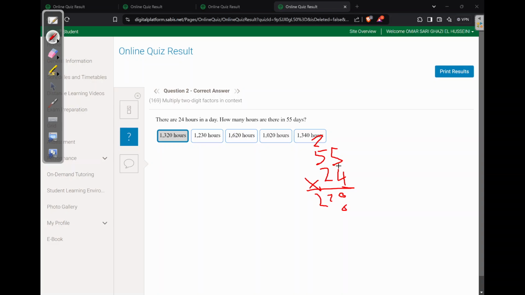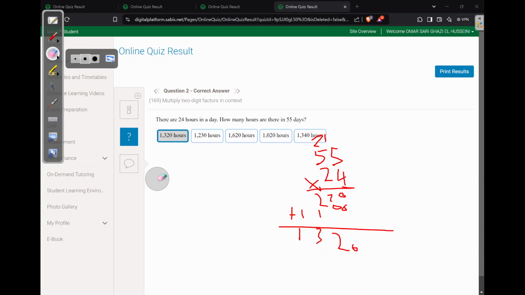Okay. 2 times 5 is 0. Okay. 2 times 5 is also another 0. We add that 1, which is 1. Okay, now we plus it. 0, 2, 3, 1. And it's 1,320.